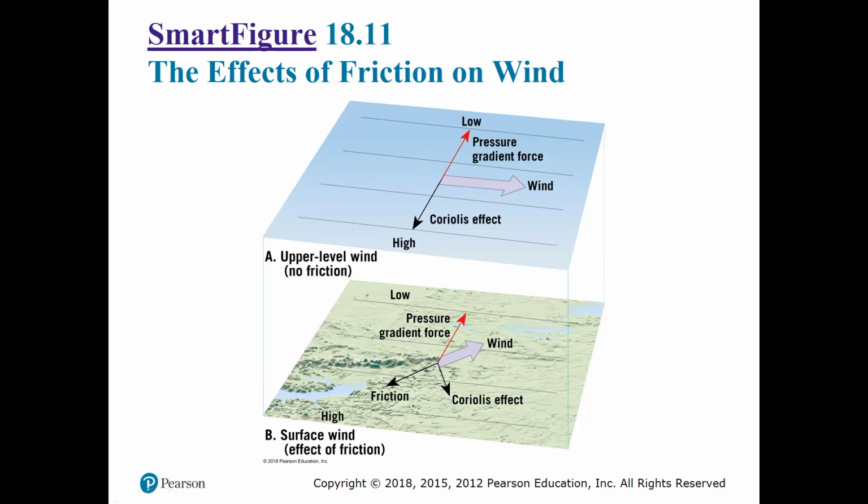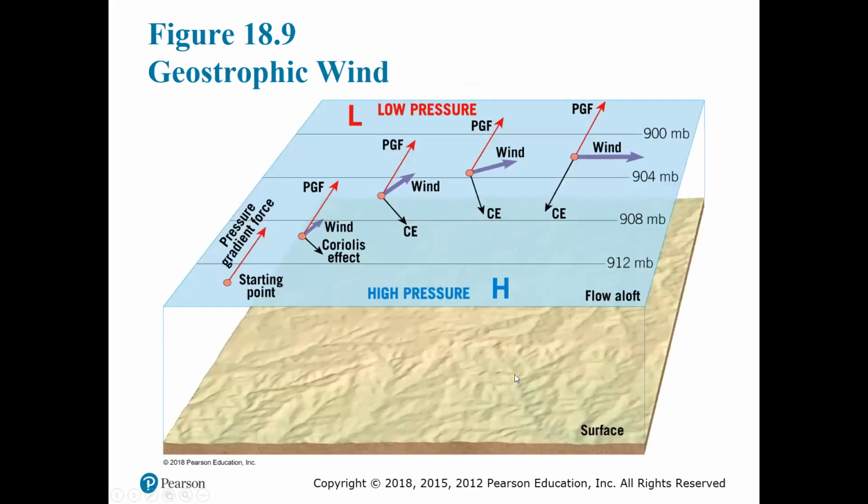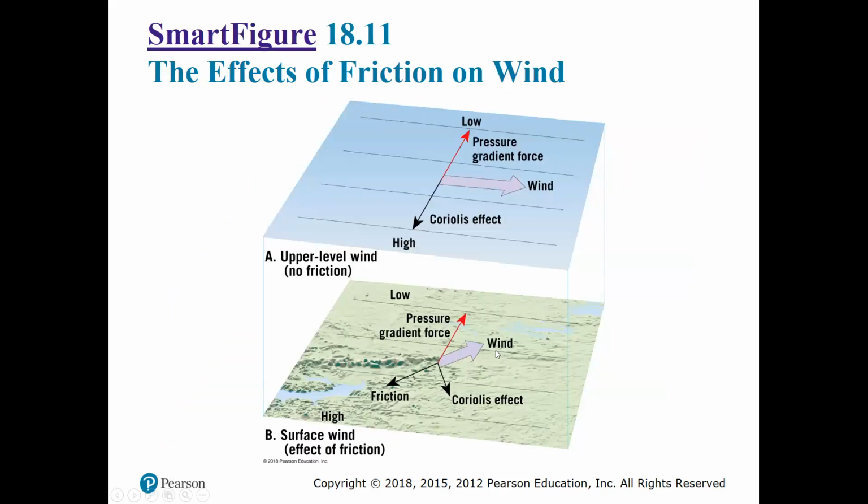So it's going to move at an angle across the isobars toward the area of lower pressure. And that's what we've got here. These little lines would be like our isobars. Instead of moving parallel to the isobars, it's going to go across the isobars toward the area of low pressure.